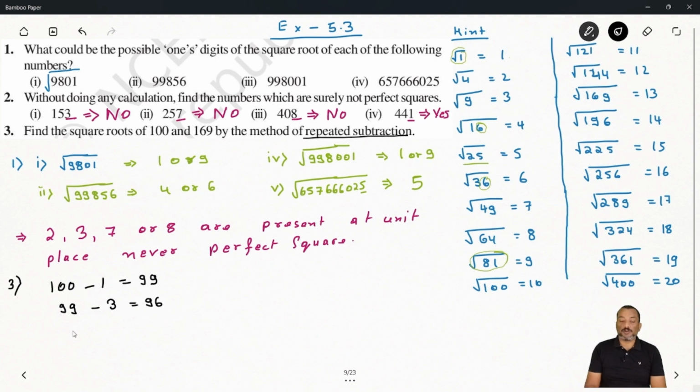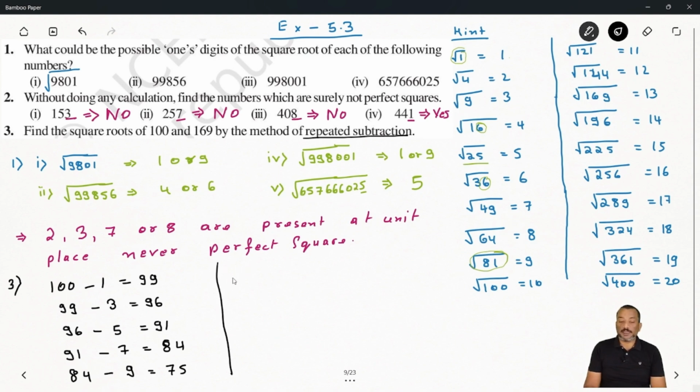Now again subtract the next odd number, that is 3, from 99, so you get 96. Next, in 96, subtract the next consecutive odd number, that is 5, and you will get 91. After that, from 91 subtract the next odd number 7, so you will get 84. In 84 subtract the next odd number 9, so you will get 75. Okay, now keep repeating this.